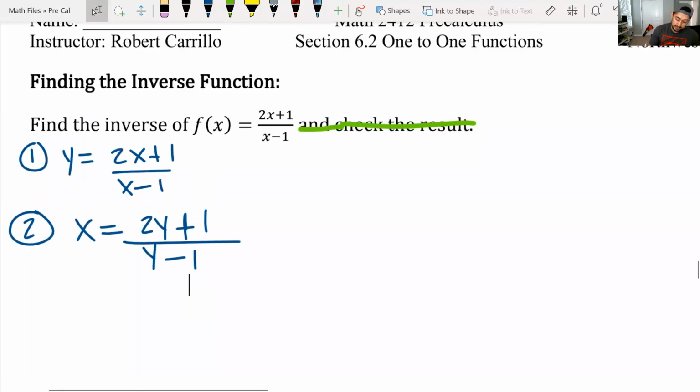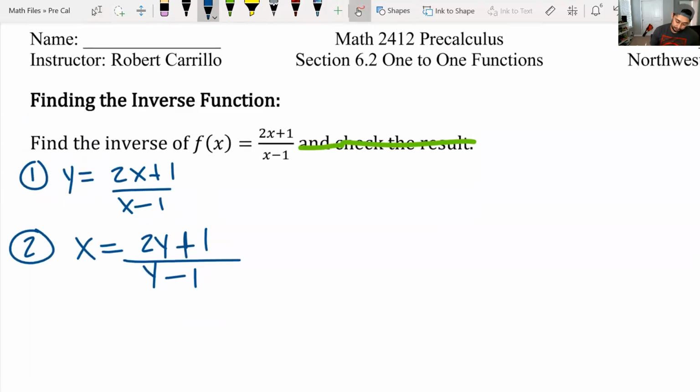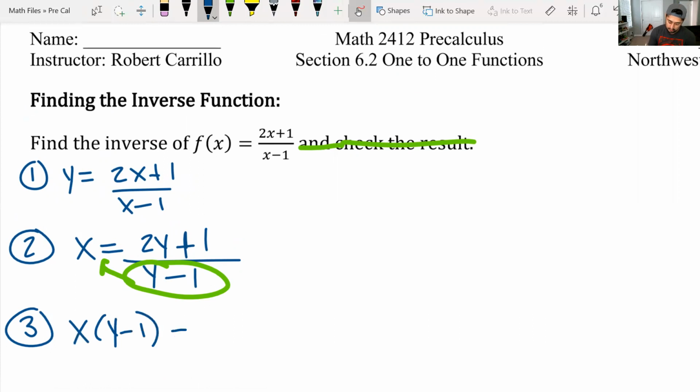Step 3 is to solve, which means that I'm going to take y minus 1 and multiply it to the left side. So this means I get x times y minus 1 equal to 2y plus 1.